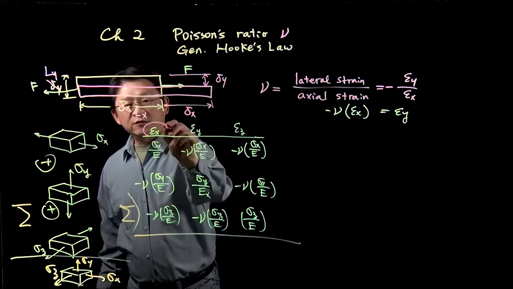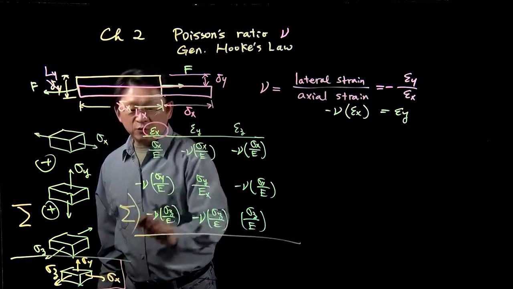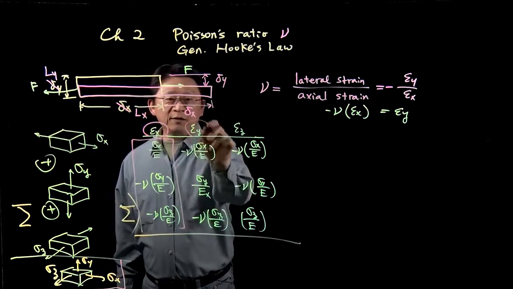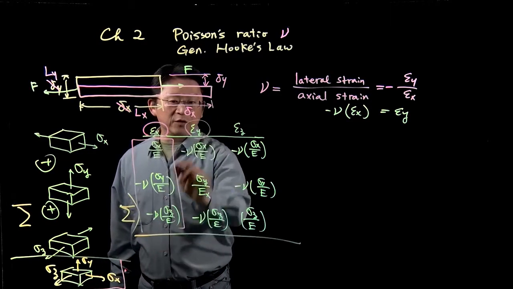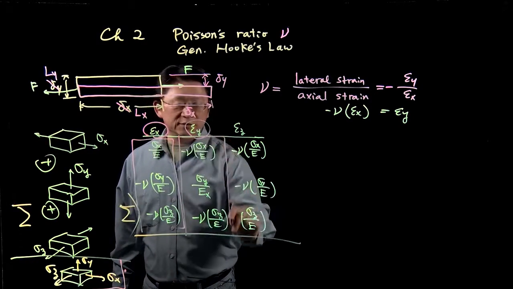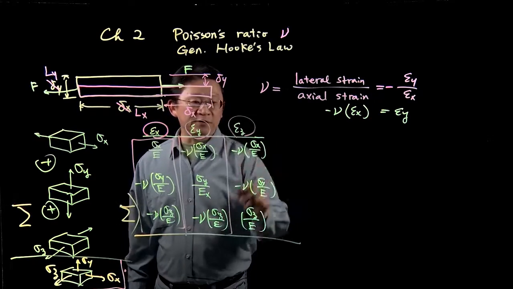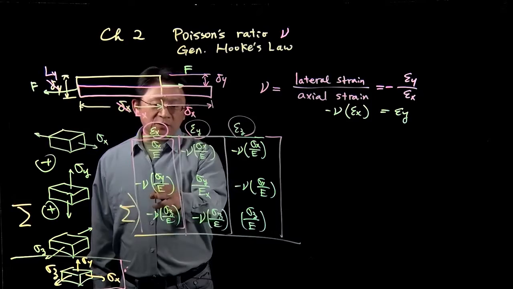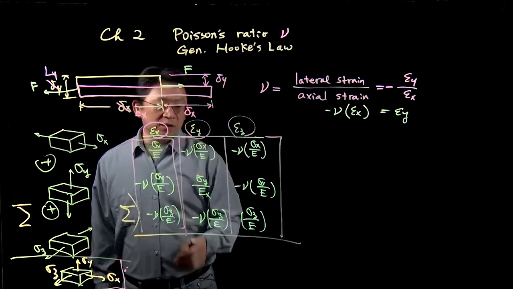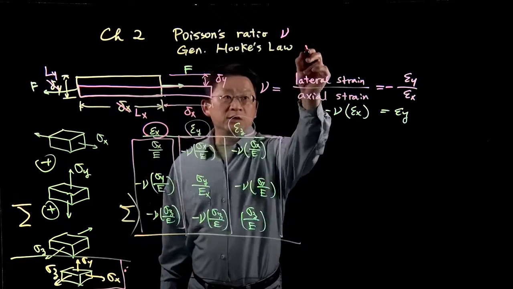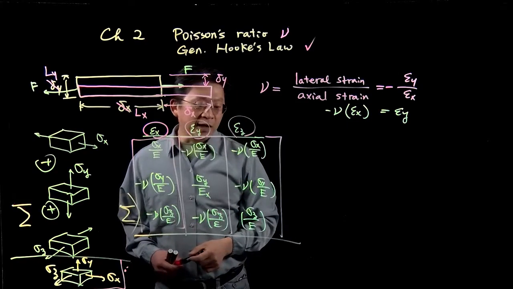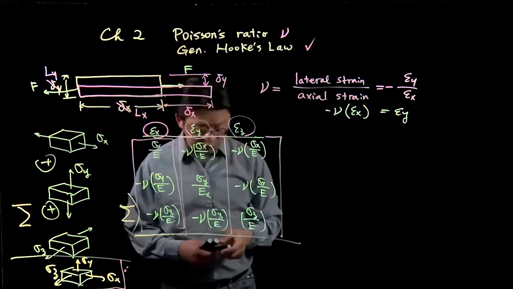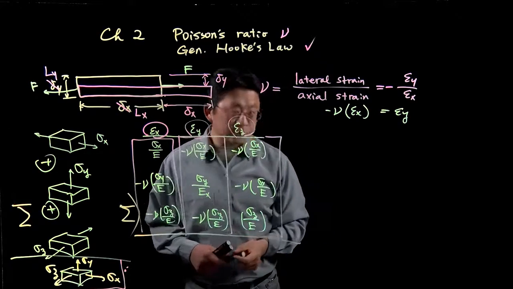Epsilon x for this loading case would be the summation of the three terms. Epsilon y will be the summation of the three terms. Similarly, epsilon z will be the summation of the three terms. The summation of the individual terms gives us what we call the generalized Hooke's law. In this chapter, we will go over a few examples to demonstrate this.